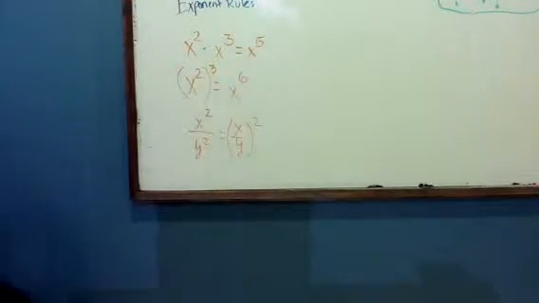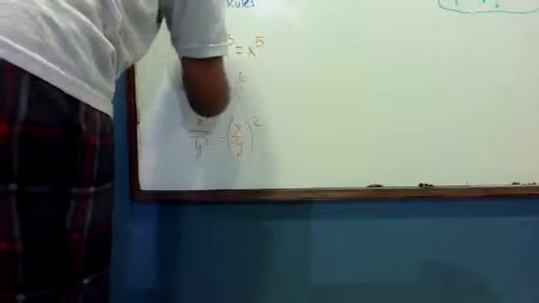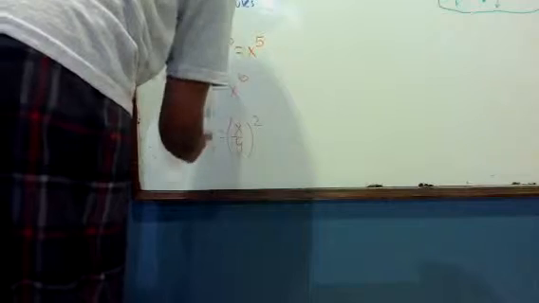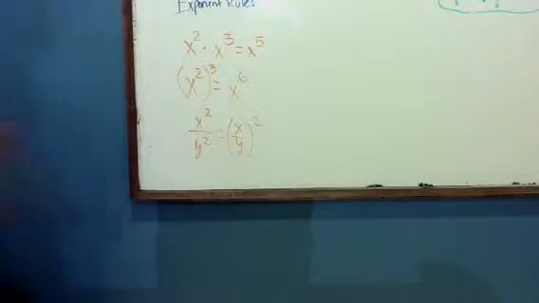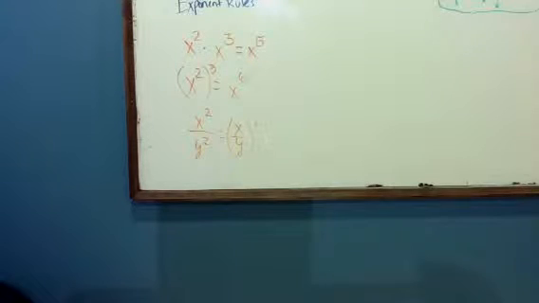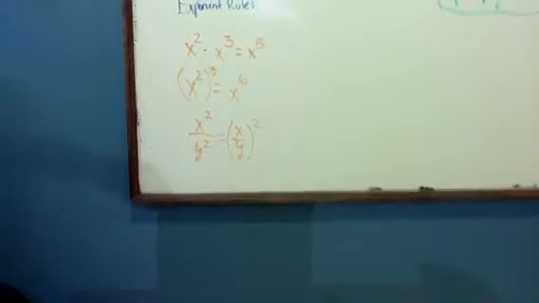Okay, now you have to notice something else. Did you see how the exponents are the same? In the last one the bases were the same, but for this one, the exponents are the same. So you can only do this if the top and bottom exponents are the same. If it was x squared over y cubed, that's how you gotta leave it just like that. You can't simplify that any further. Okay. All right.